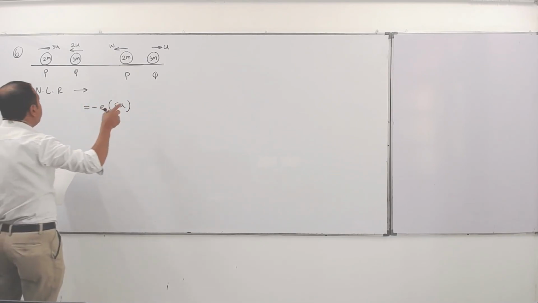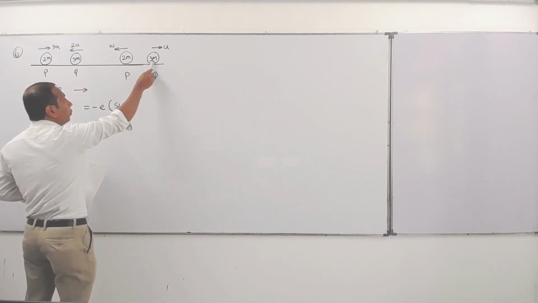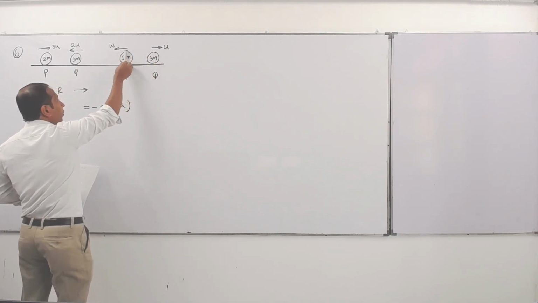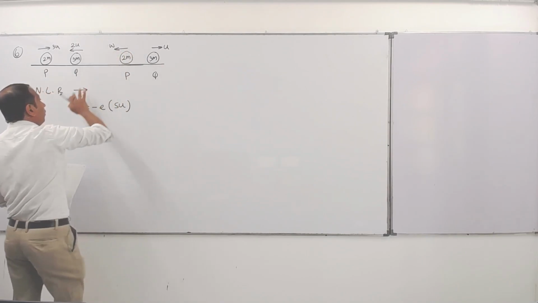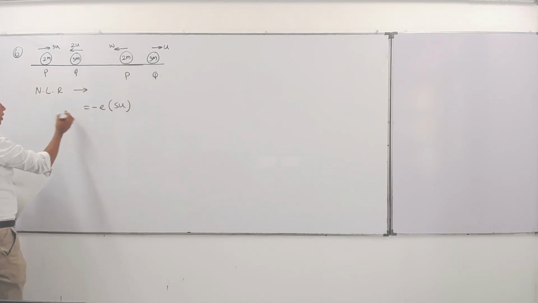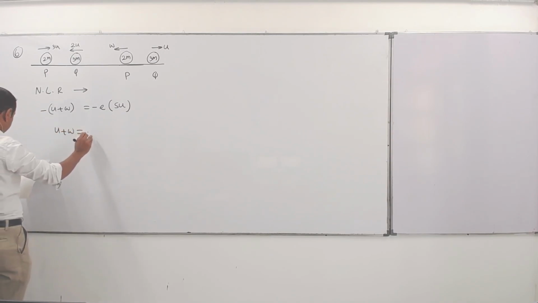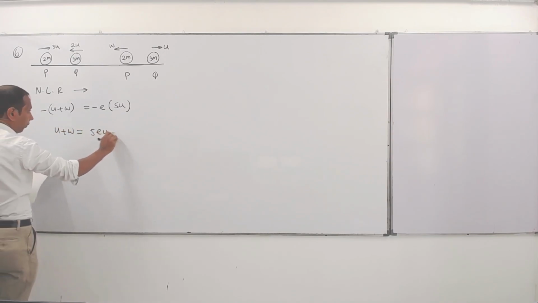After the impact, again I stop this Q. For that I have to apply u leftward. Same u I have to apply on this P leftward. Then we get u plus w. Then in the right, that u plus w should be negative. Minus, you can cancel down. First equation you can write: u plus w equals 5eu on the right hand side.